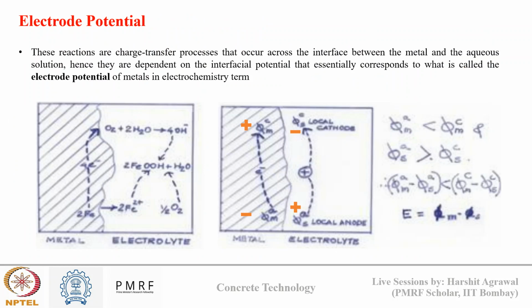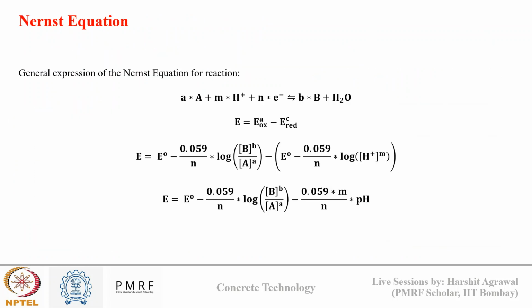Then we moved into understanding the science behind corrosion. What is electrochemistry? We first understood electrode potential by understanding activity that is happening at the steel concrete interface, steel electrolyte interface. We talked about standard electrode potential and saw how Nernst equation can be derived from Gibbs free energy to calculate electrode potential in an electrochemical system.